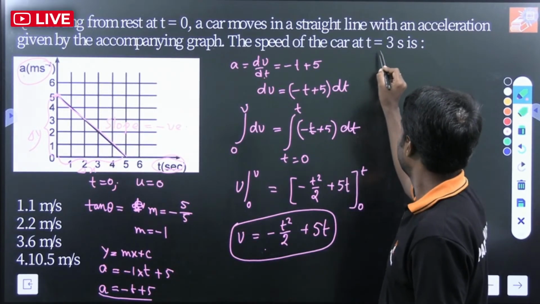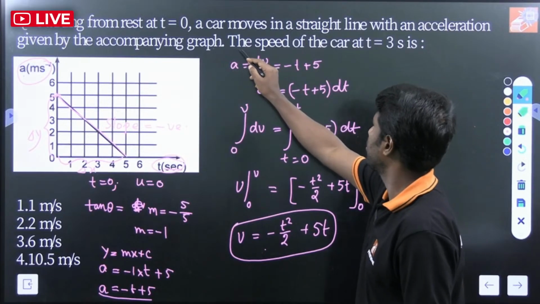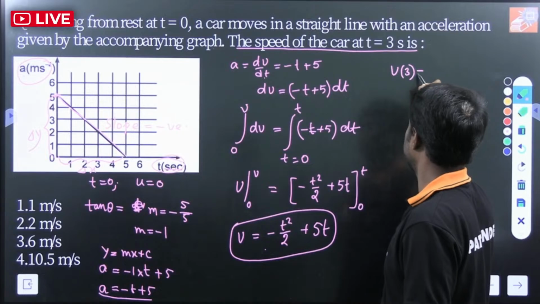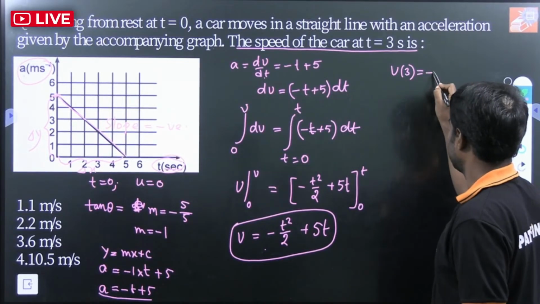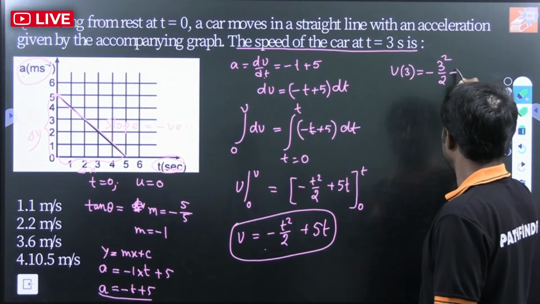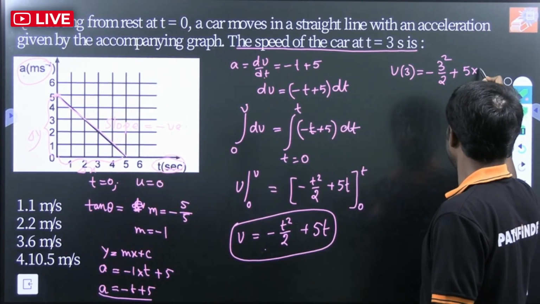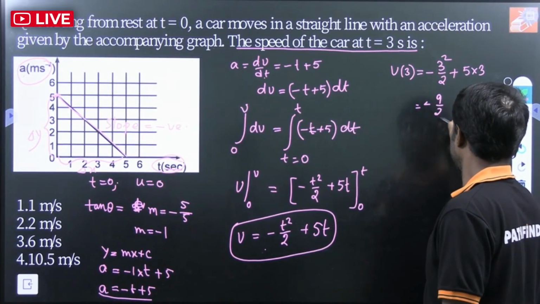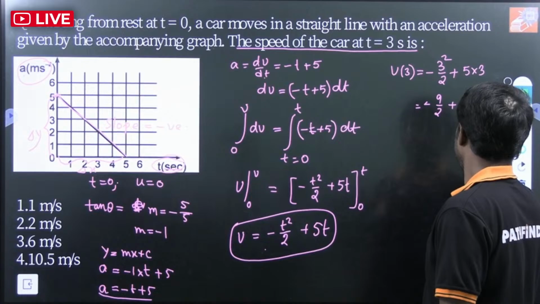So they said velocity of the car, or speed of the car, when t equal to 3 seconds. That means v of 3 seconds they have asked. So that means minus 3 square by 2 plus 5 into t, which is 3. So finally minus 9 by 2 plus 15.